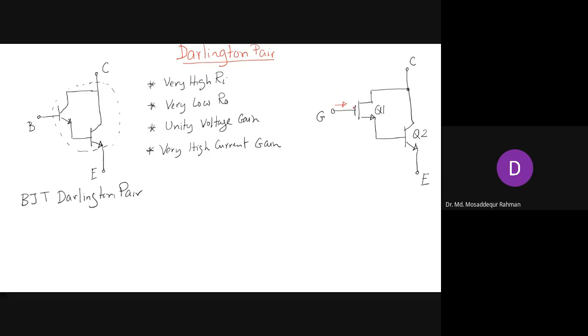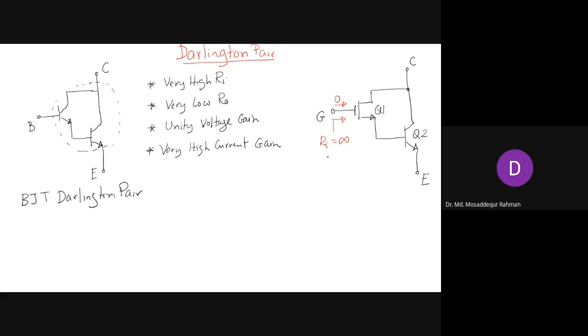The gate is isolated, what is known as the channel is an insulation. So gate current is always zero for MOSFET. Because the current is zero, the input resistance of the MOSFET is considered to be infinite.